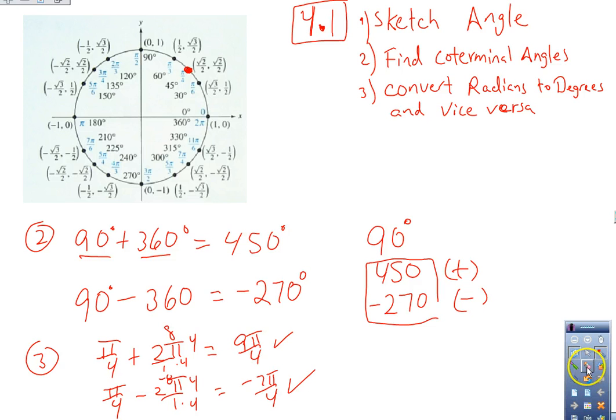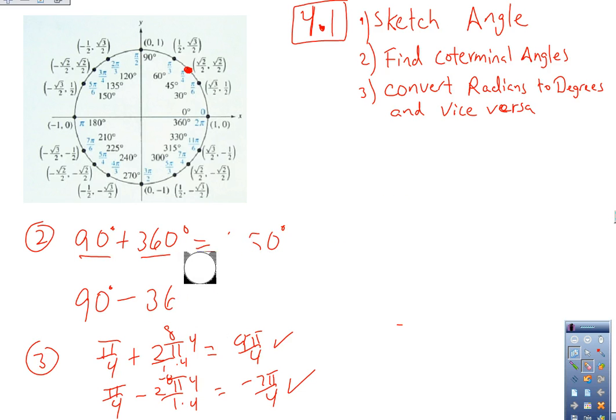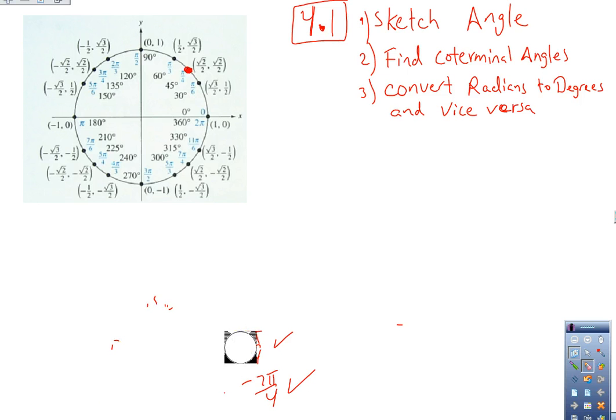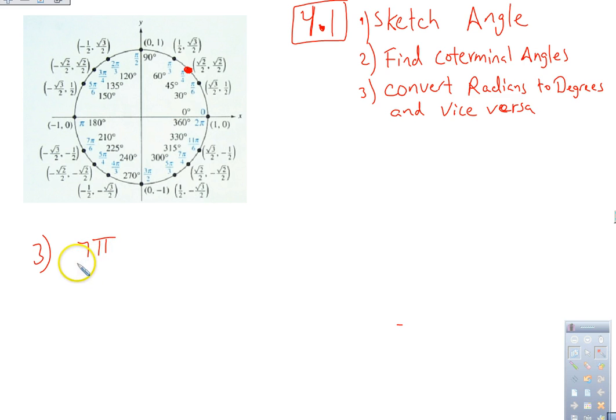Okay. And then finally, let me talk about the last concept, which is that of converting radians to degrees and vice versa. So let's say that I give you 7 pi over 3.